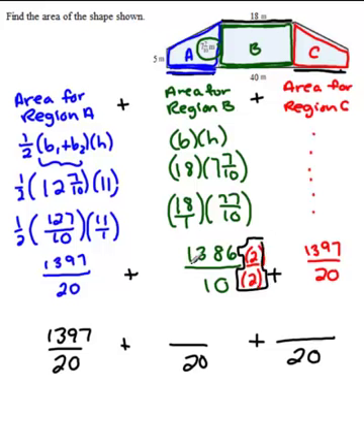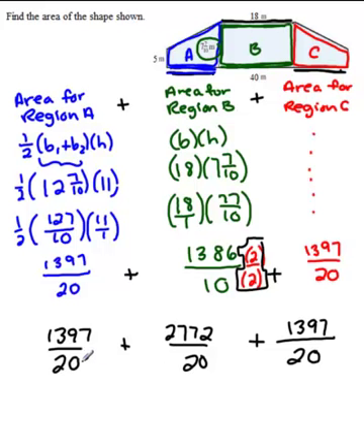So I'm going to take 1,386 and multiply that by 2. 1,386 times 2 gives me 2,772. This third fraction we'll leave alone because it already has a 20 as a denominator, so the numerator will also stay the same.